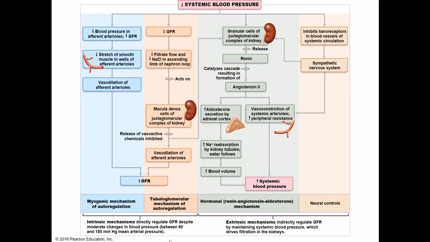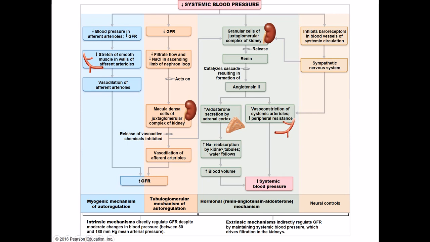And so here we are looking at the renin-angiotensin-aldosterone mechanism again. When the granular cells are stimulated, they release renin. Renin helps convert angiotensin 1 to angiotensin 2 along with the ACE enzyme, and then angiotensin 2 causes aldosterone to be secreted.